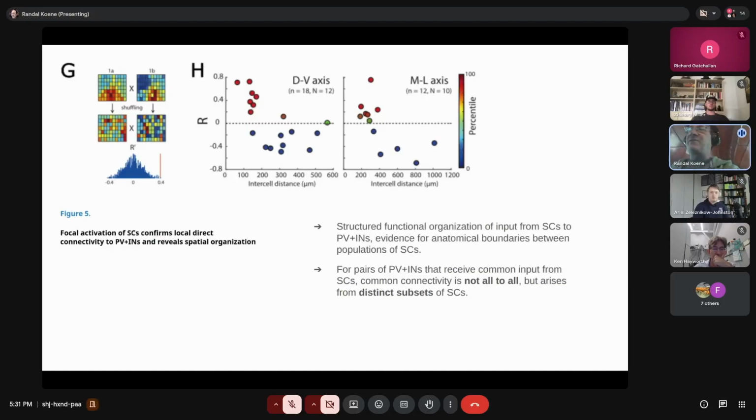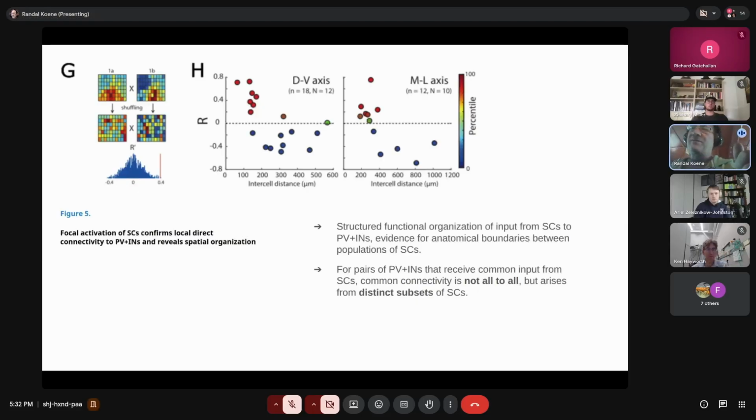Stimulus locations that activate pairs of stellate cells should either be similar if they're both part of the same functional zone, or distinct if they're each members of different zones. That's that hard boundary there. Alternatively, similarity between stimulus locations for pairs of stellate cells should have a random distribution. That's if that hypothesis doesn't hold.